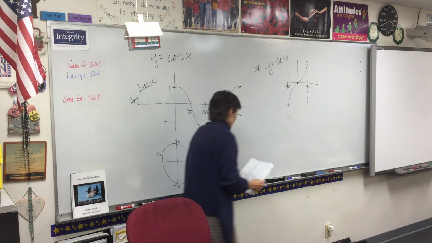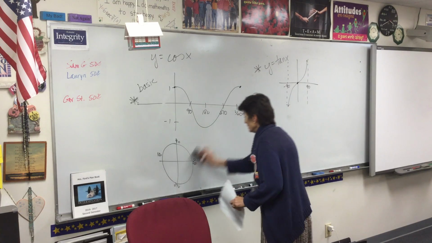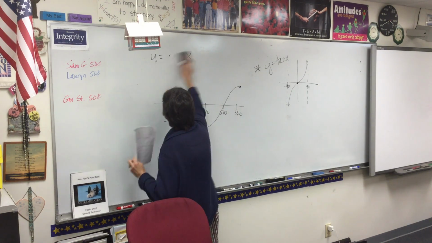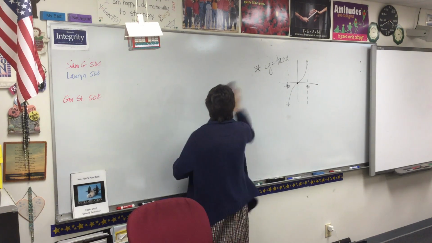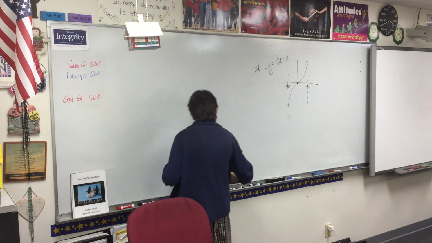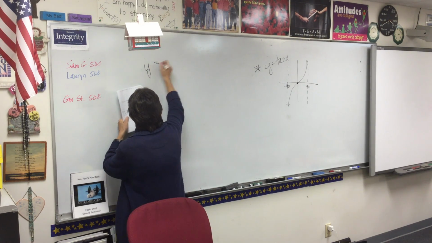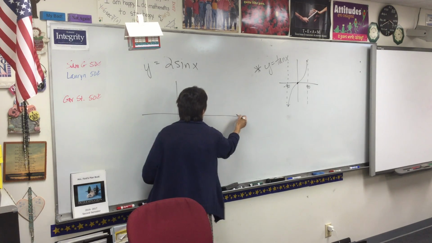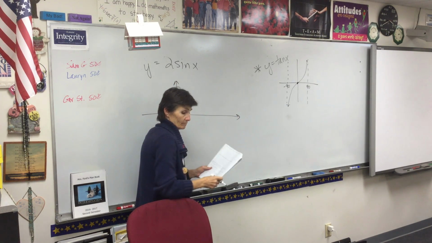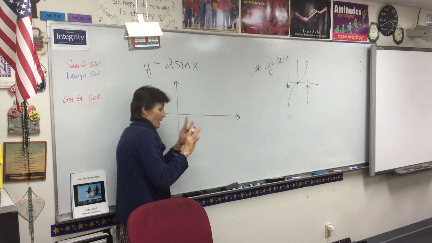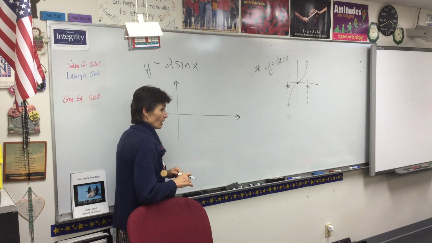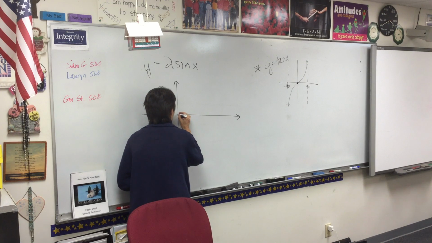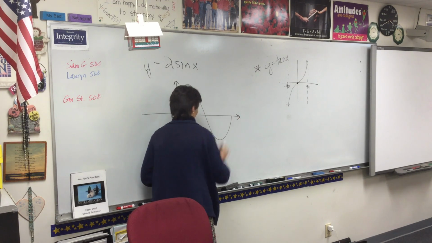All right, so now we're ready to look at a modified picture. We're going to sketch 2 sine x. Everybody in the room, hopefully, knows that this is the sine picture.